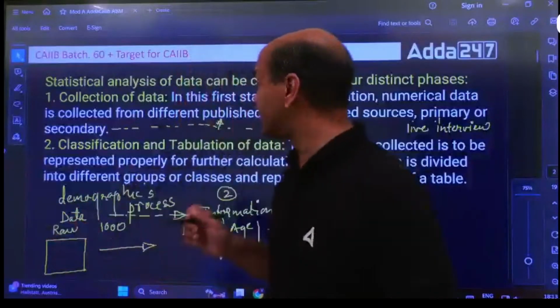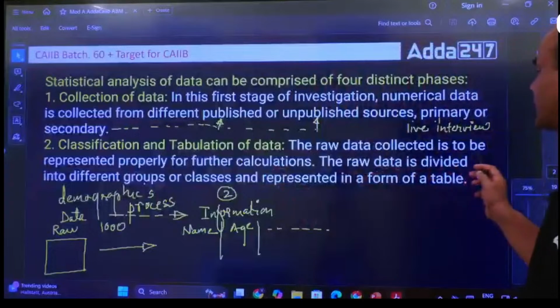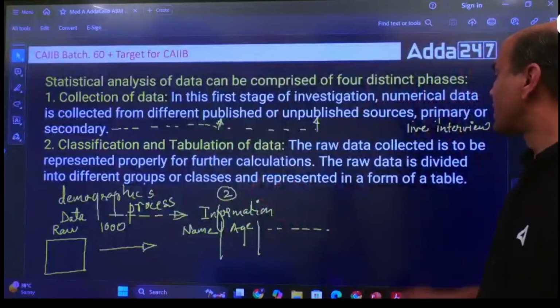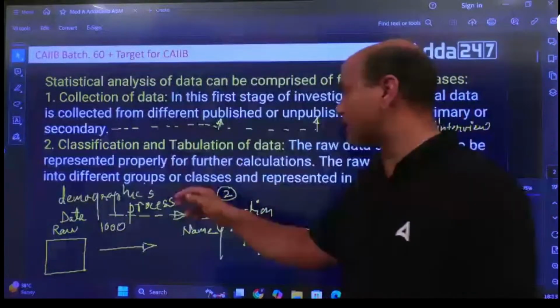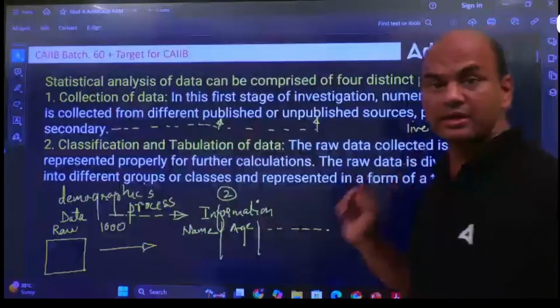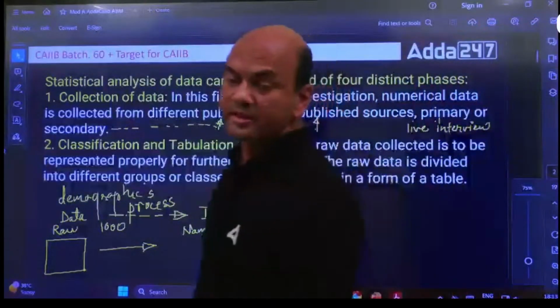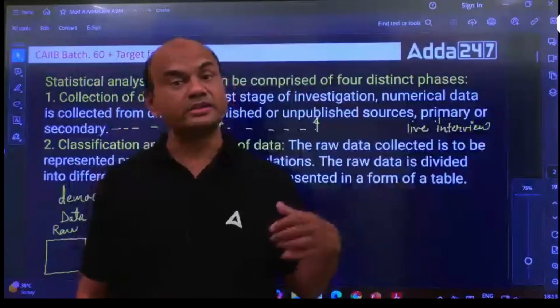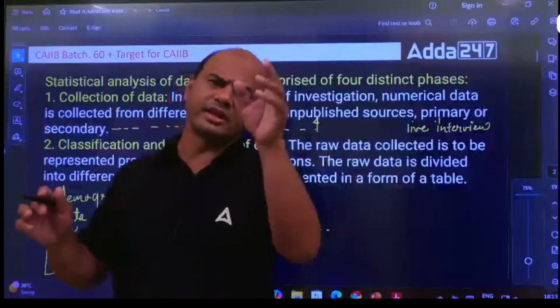So in that case what happens, look at this. The raw data collected is to be represented properly for further calculations. The raw data is divided into different groups or classes and represented in the form of a table. Kindly note this. This raw data, whatever you have, you classify it. Classify it means I'll put it in the Excel sheet.